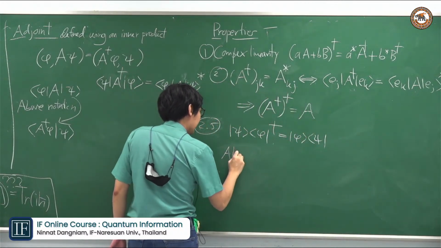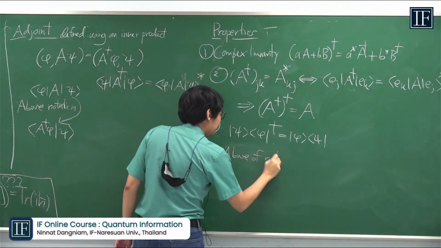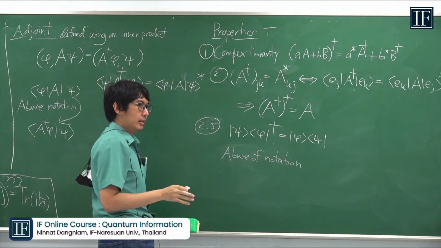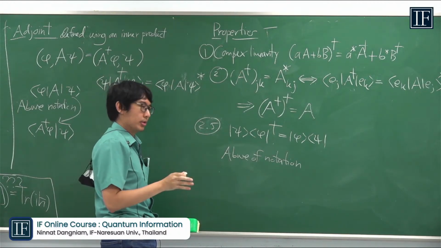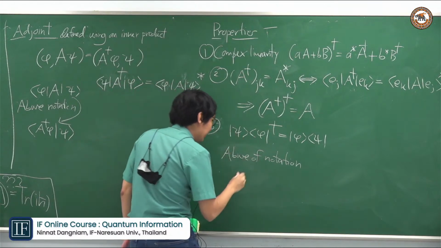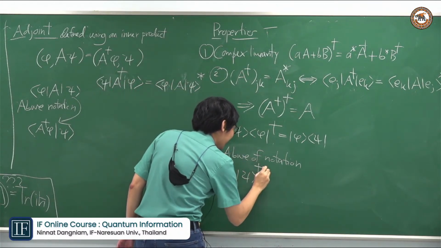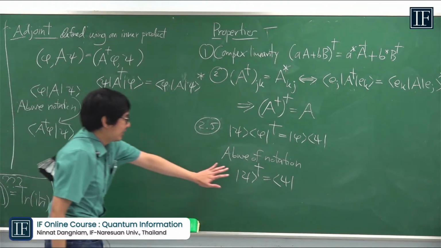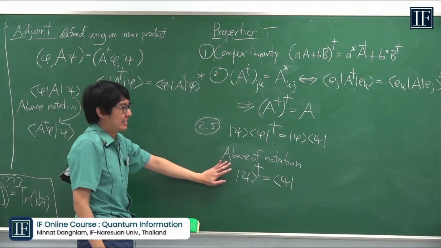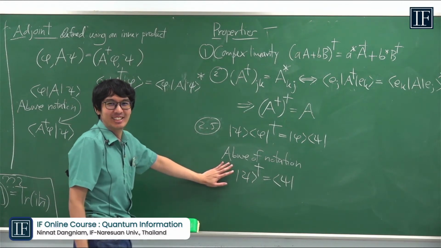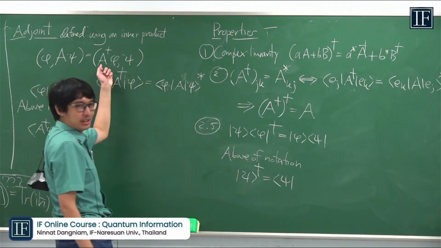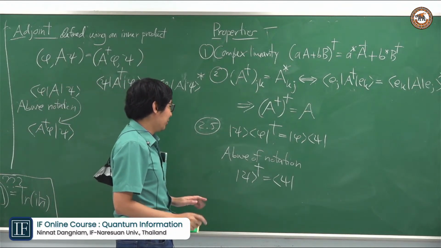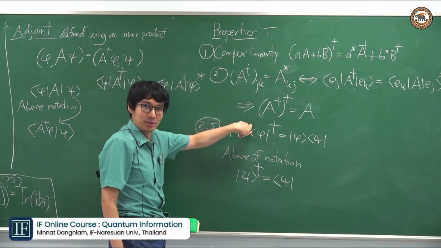Another sort of abuse of notation here that some authors will write. I don't remember if Sakurai also writes this, or maybe someone else. It doesn't really mean anything, because adjoint is defined only for an operator. But well, if this is true, then at least this is also true, right?